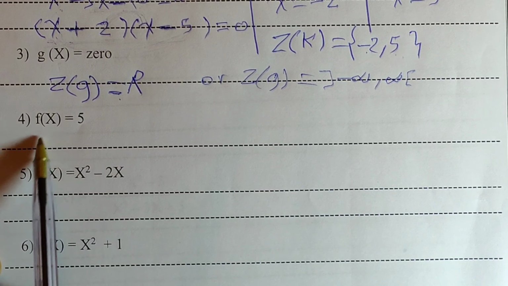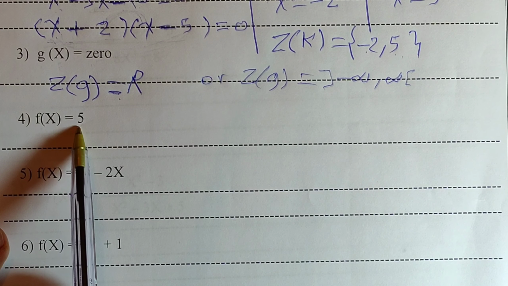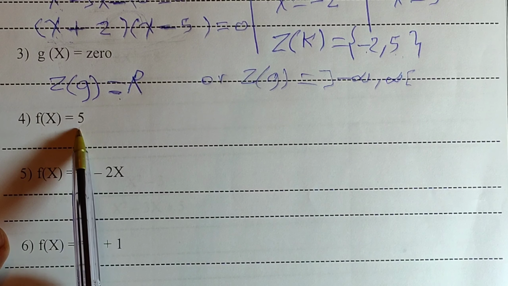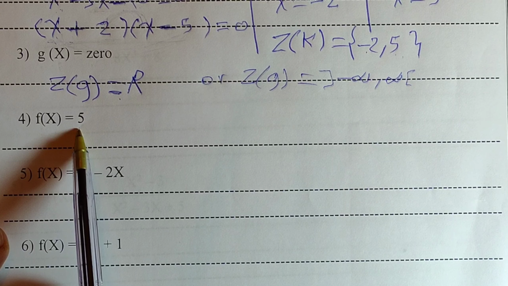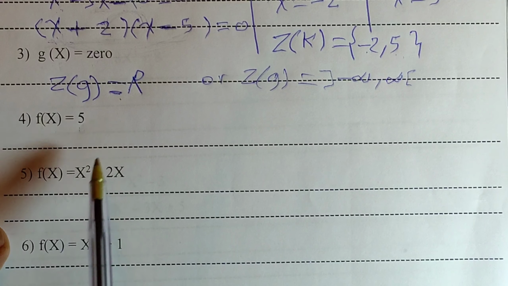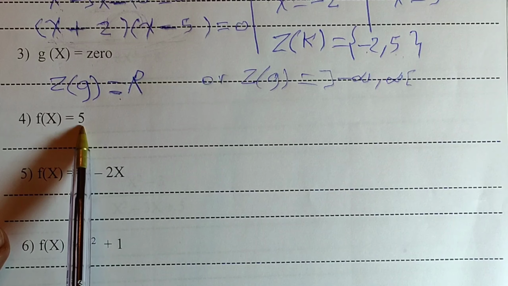Number 4, f of x equal 5. This means that this is a constant function. What is the meaning of a constant function? A constant function, if you remember, represents a straight line which is parallel to x-axis.